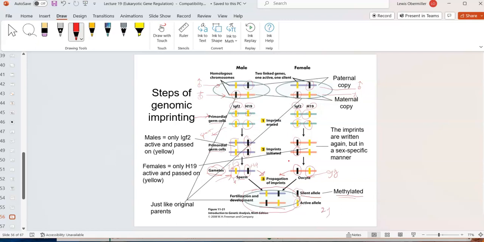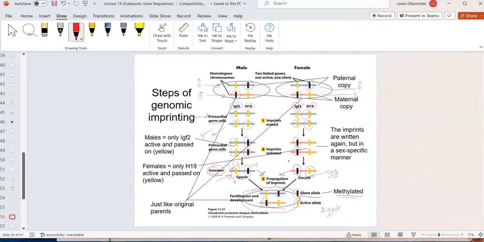Well, this is the zygote, right? This is the zygote, and then all of this is going to be passed down. So this is turned off from mom, right? This is turned off from dad. And again, this is IGF2 silenced in mom. And so this is maternal imprinted. And then IGF2 is on in dad.